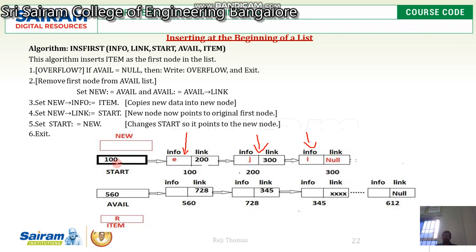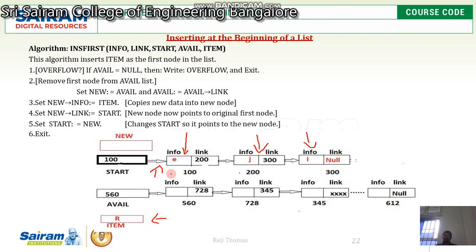Now your job is to insert a new node at the beginning. When I insert, I'll get four nodes, which give my complete name. My name is Reji. This R should be inserted over here, right? Let us see how it is done.